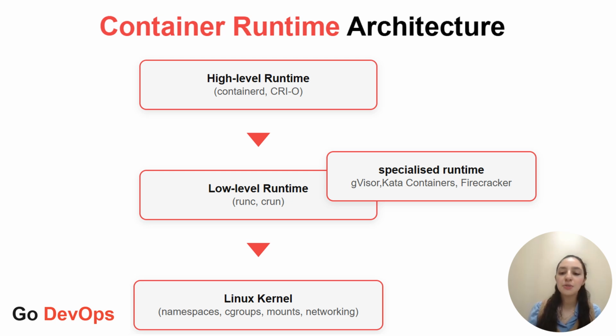They just orchestrate how the kernel applies them for each container. Now there's also another category of runtime, which is the specialized runtime. This is at the same level as the low-level runtime, but instead of interacting with the kernel directly, they insert an additional isolation boundary.